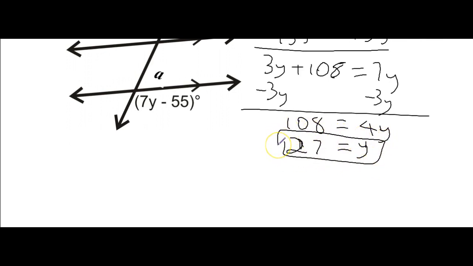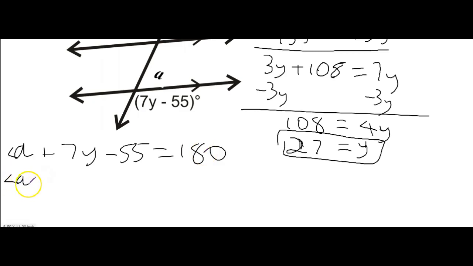Again, plug that in and check to make sure that your calculation is right. And then we know also that angle A plus 7y minus 55 is going to equal 180, because they are supplementary, they add up to be 180.